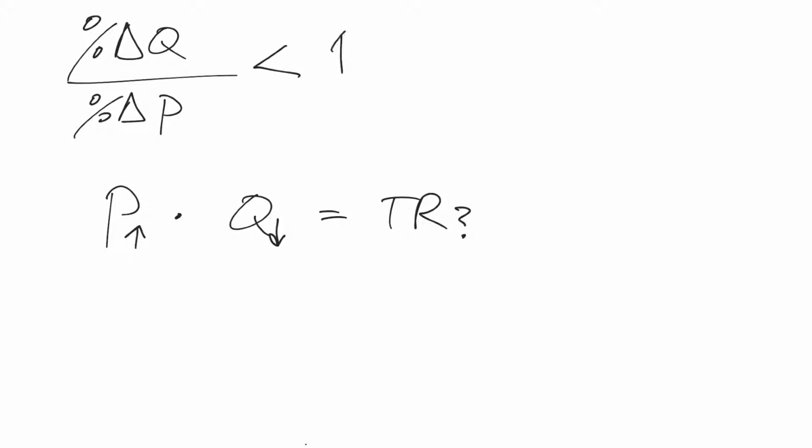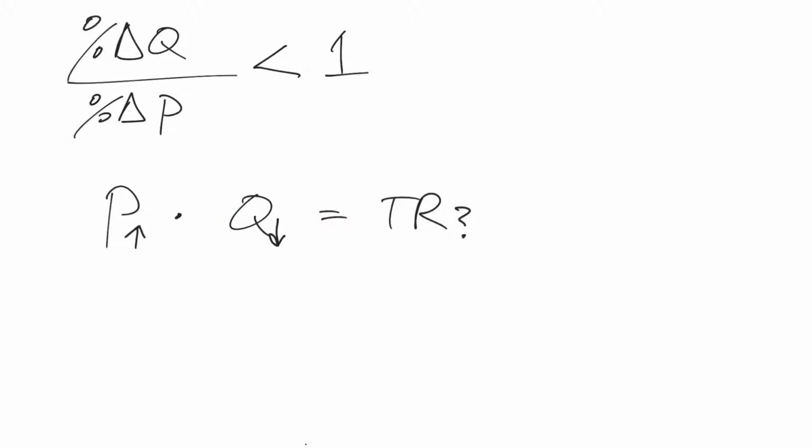If it's inelastic, meaning it's less than 1, that means that the denominator is bigger than the numerator, right? In other words, the change in price is bigger than the change in quantity.